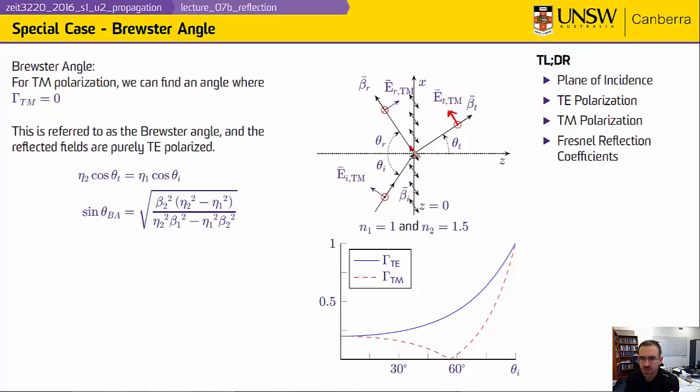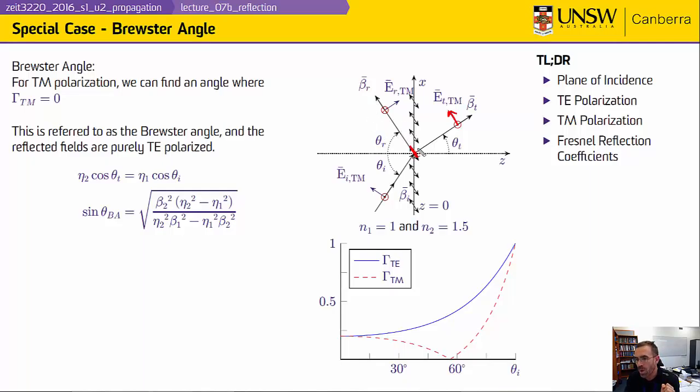Intuitively, if I have an electric charge oscillating in this direction, that's going to radiate sideways, but it's not going to radiate in this direction. That may actually not be intuitive to you. You're going to see that in the last section of the course when Greg talks about antennas. But it's a fundamental property that when I have an oscillating dipole, it radiates sideways and not out the end.